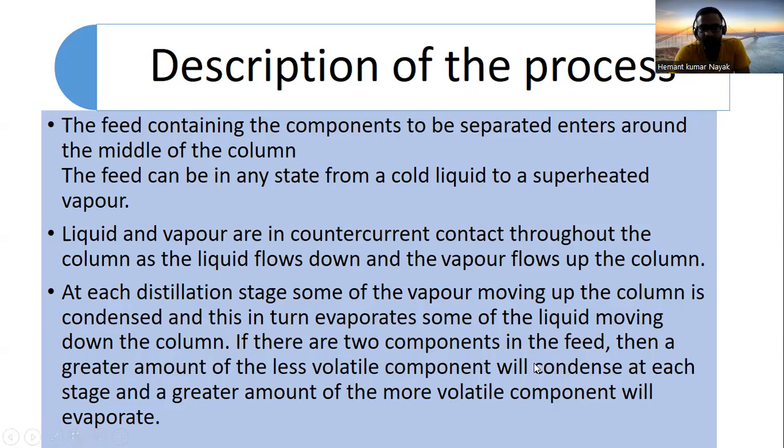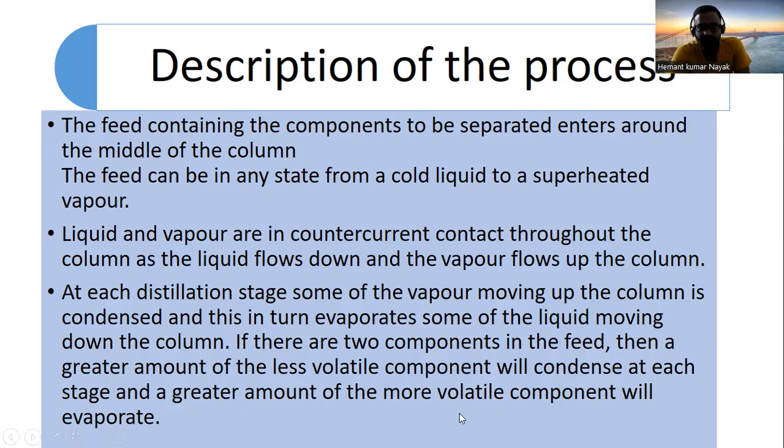If there are two components in the feed, then a greater amount of the less volatile component will be condensed. Less volatile means its boiling point is high, and more volatile means its boiling point is low. So the more volatile component will first reach the top, and the less volatile component will go to the bottom.